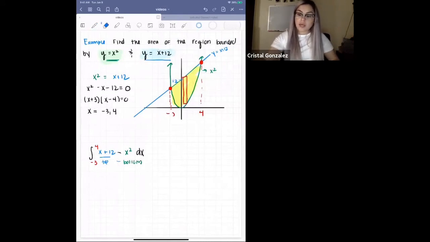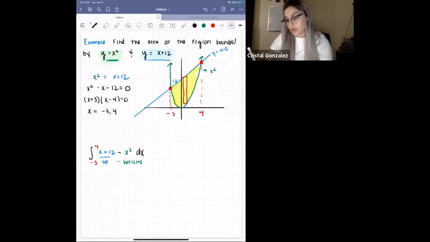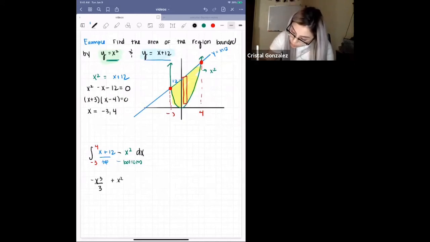And if we integrate this, we'll get -x³ over 3. Now I'm just rewriting them. We're going to get -x³ over 3 plus x squared over 2 plus 12x. All I did here was rewrite them in that decreasing order that we like. And we're evaluating from -3 to 4.